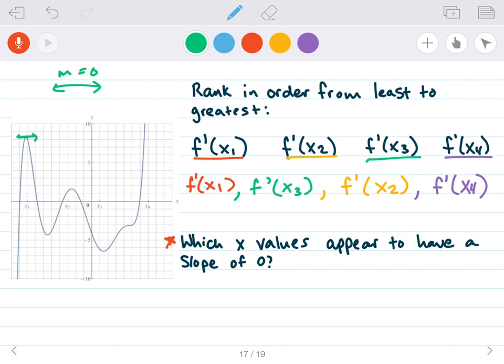We have these horizontal lines, okay? So all of these x values appear to have an instantaneous rate of change of 0. And we can't really list out what these x values are because a lot of them are fractional values. But the idea here is wherever we see this flatness is where we're going to have a slope of 0.